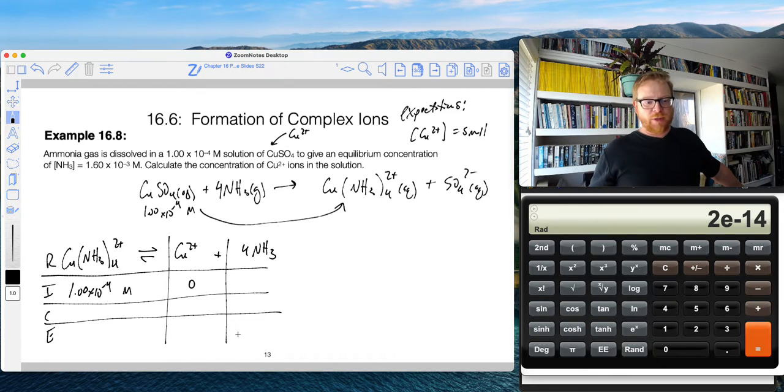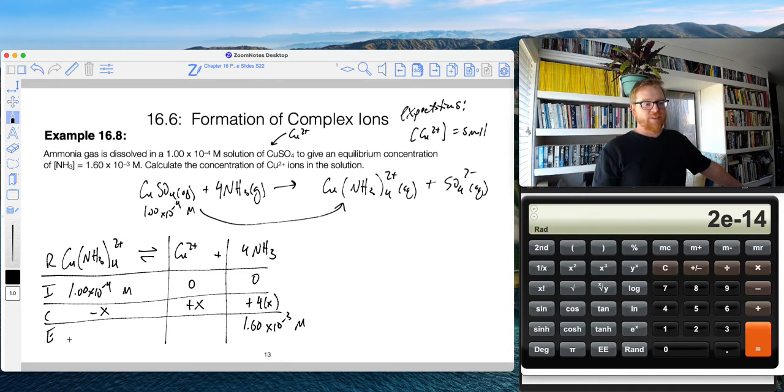So we'll just put this term right down there directly, 1.60 times 10 minus 3 molar. They already told us that. And so now, if we were assuming that this was 0 to begin with, we know that that's got to increase by 4x. We know that has to increase by x, and that has to decrease by x.